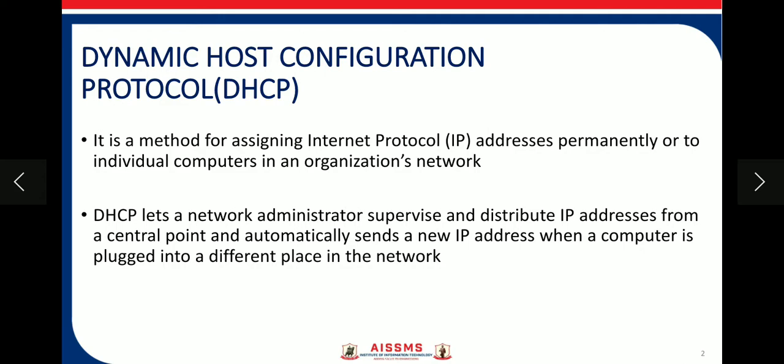In October 1997, RFC 2131 was released, which is the current DHCP definition for the Internet Protocol version 4, that is the IPv4 network. The extensions of DHCP for IPv6 were published as RFC 3315.